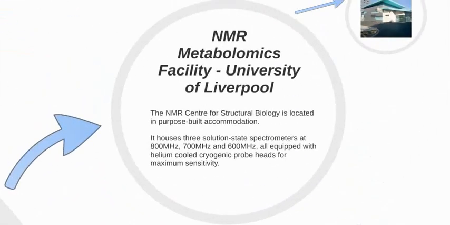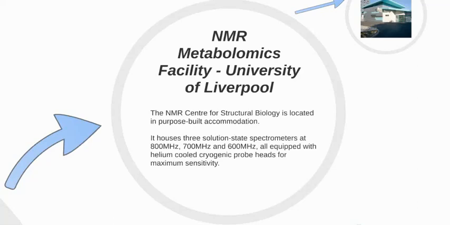Now, finally, a little bit of background surrounding the University of Liverpool's NMR Centre that has supported the production of this video. The NMR Centre for Structural Biology is located in a purpose-built accommodation at the University of Liverpool.